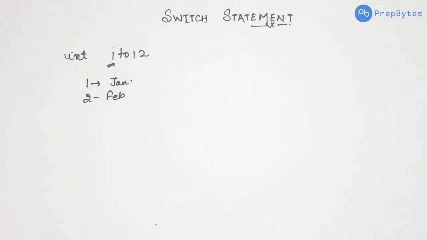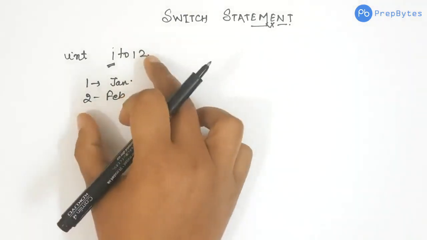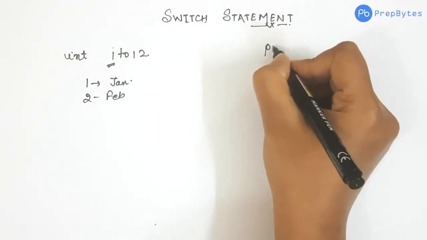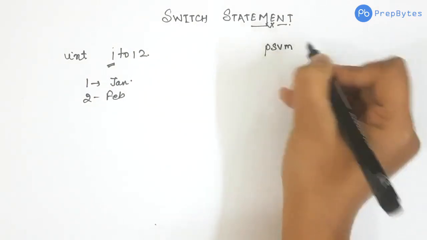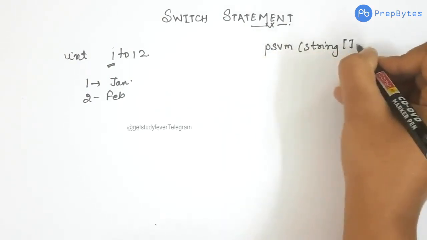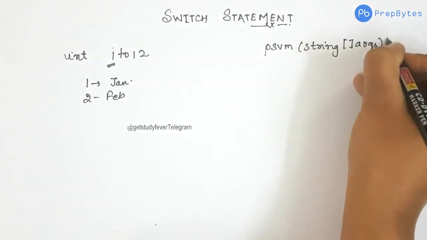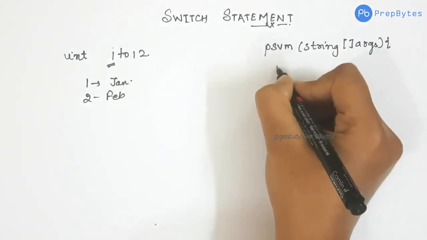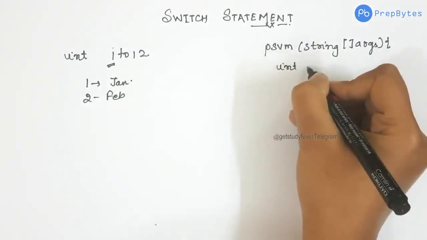be very readable. How do we use switch in this case? Let's say I have public static void main. Okay, so let's say this is my main. What will I do? I'll take an integer, let's say int month.